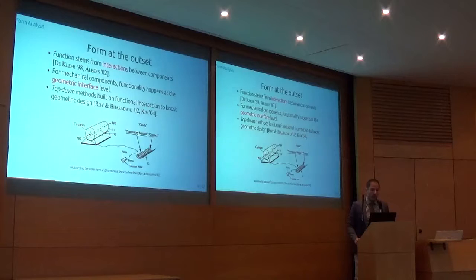Literature actually provided top-down, again, goal achievement methods that built on this functional interaction paradigm. Now, in our approach, since function stems from the geometric interaction level for a mechanical component, geometric interactions between components must be analyzed first, in a bottom-up approach that is ours, in order to obtain any functionality. This proves our entry point to be valid, which is geometry.